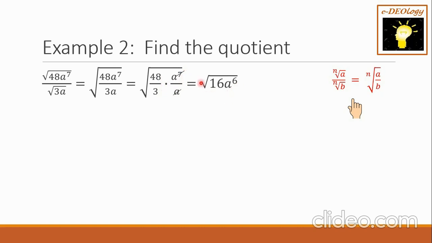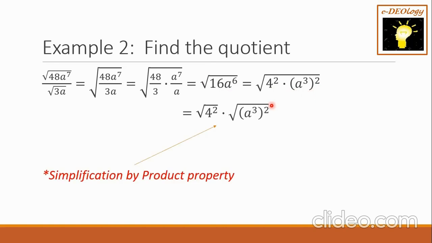So in here, the answer will be the square root of 16a raised to 6. The next is the 16. We're going to show that this is equal to 4 squared. And then for the a raised to 6, we're going to represent this by a value with power 2. And inside the grouping symbol is a cubed. Next, we distribute the square root into each of the factors here.